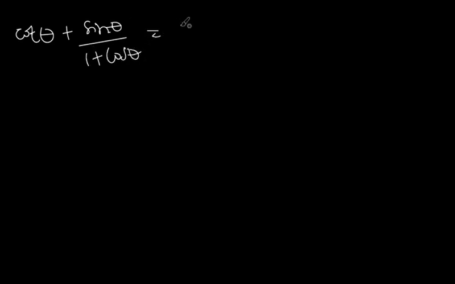So let's have a look at another scenario where we will get to prove something else. Example number 2: we have to prove that cot theta plus sin theta divided by 1 plus cos theta is equal to cosec theta. So we'll go on ahead and prove this case.